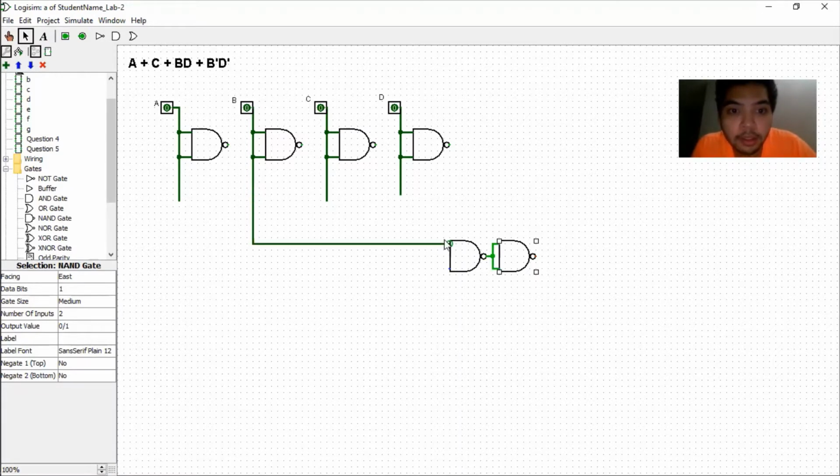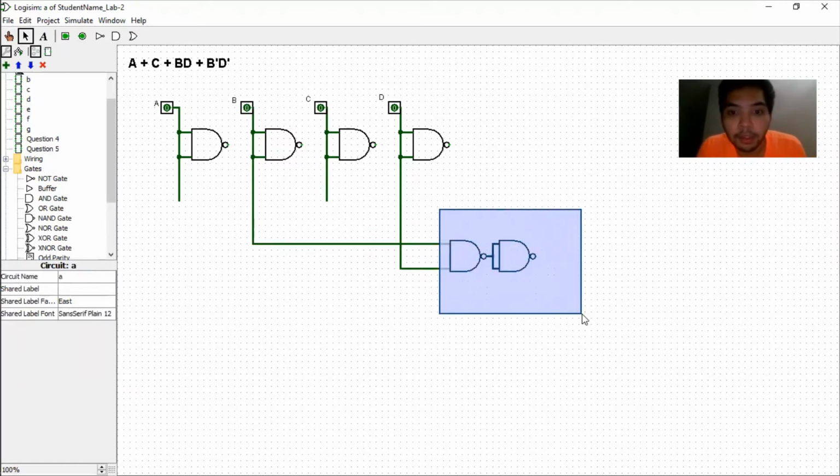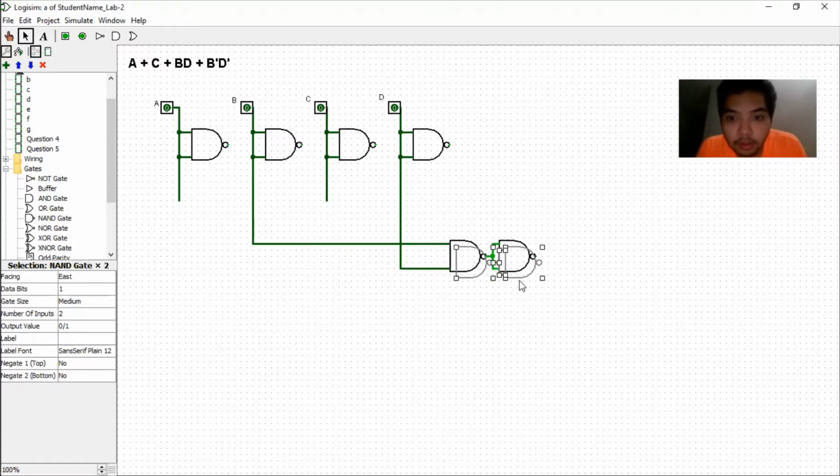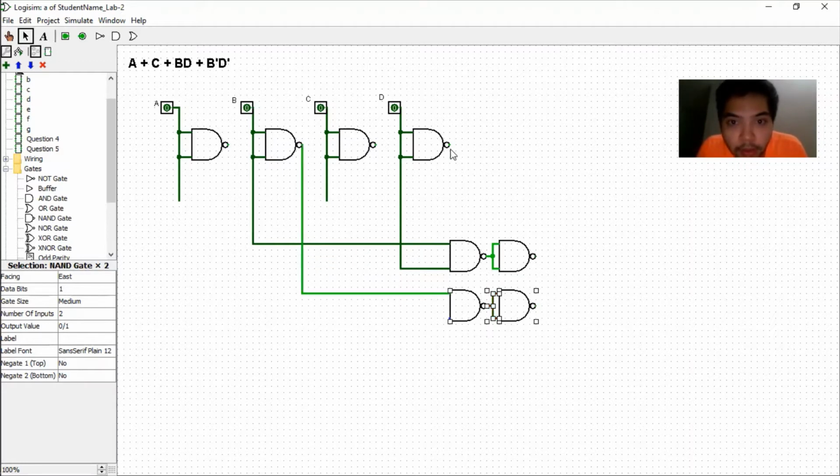Now we're going to use the B complement and D complement. So for B complement, now we're going to connect it to an OR gate.